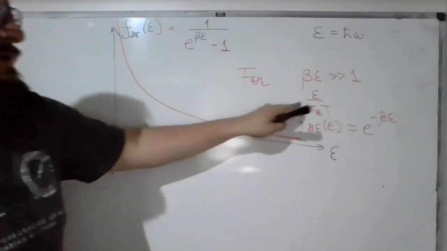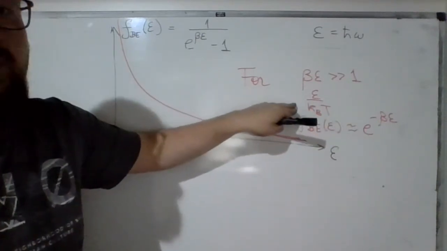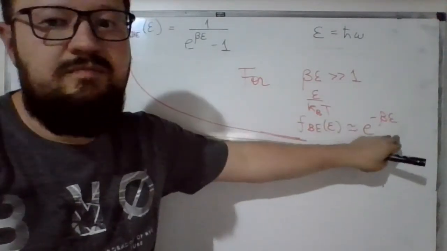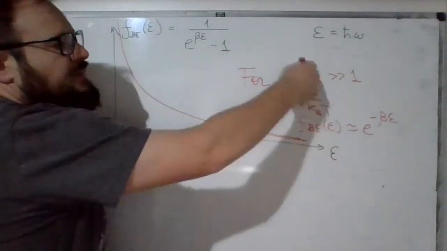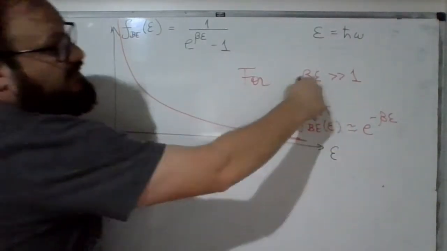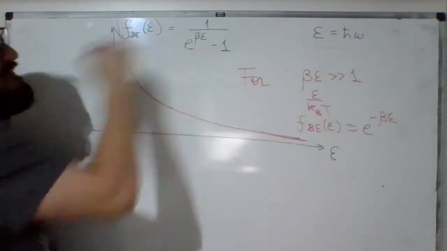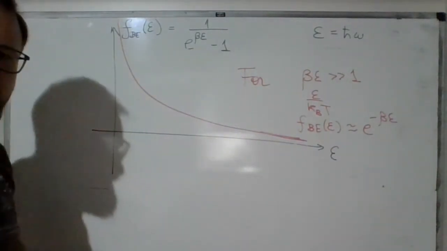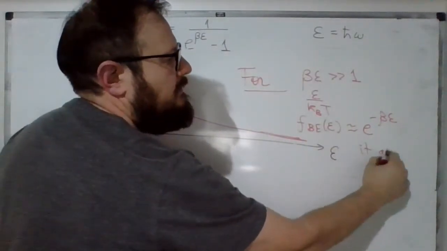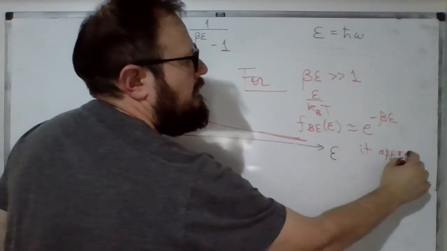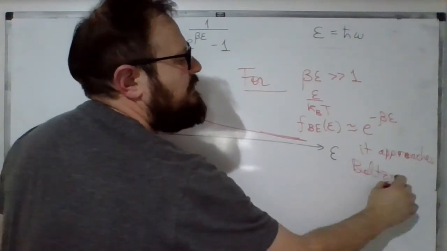So for high energies compared to the thermal energies, you have a Boltzmann distribution. But when this is approaching unity, or not so large, you have the Bose-Einstein distribution function. So in this scenario here, it approaches Boltzmann, which is classical.